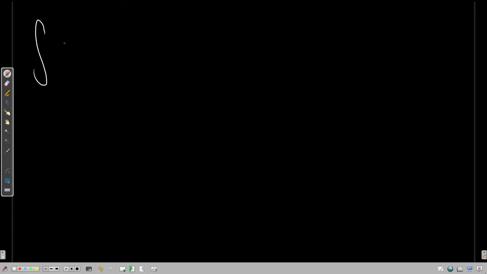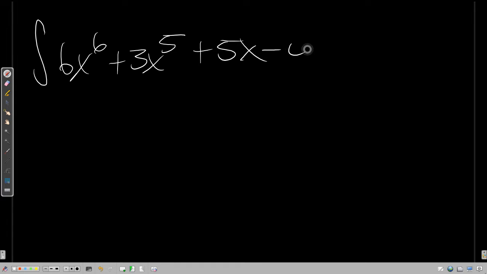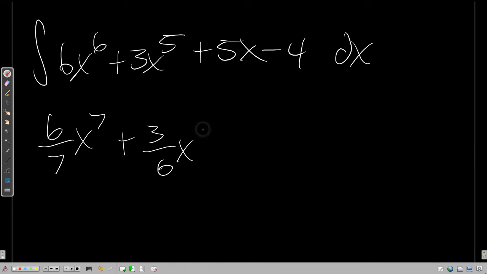Evaluate the integral of 6x to the 6th plus 3x to the 5th plus 5x minus 4. Okay, integrate term by term. 6/7 x to the 7th plus 3/6 x to the 6th plus 5 halves x squared minus 4x plus a constant.